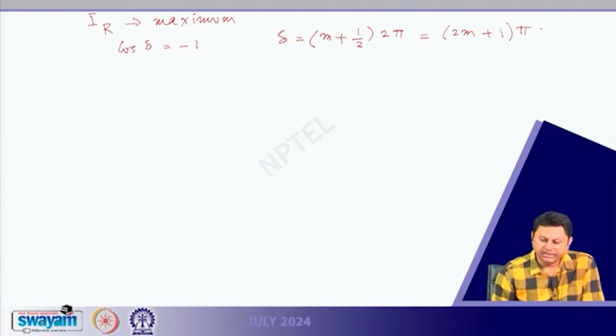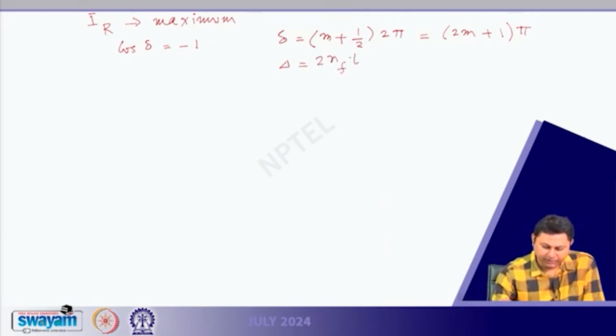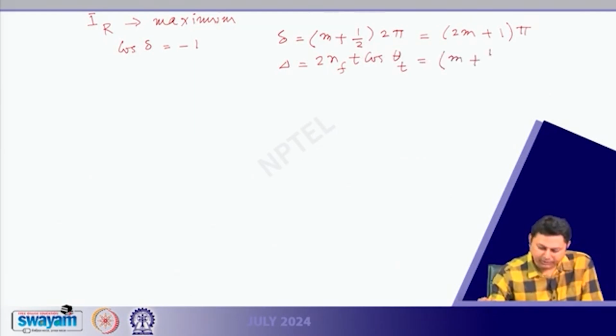For that particular delta one has cos delta equal to -1, and then IR becomes maximum. The path difference accordingly is 2 n effective multiplied by thickness times cos theta t, which is (m plus half) lambda.